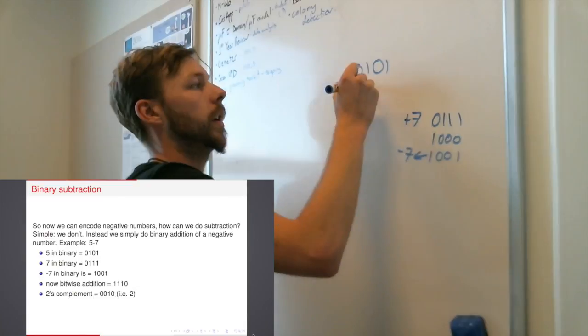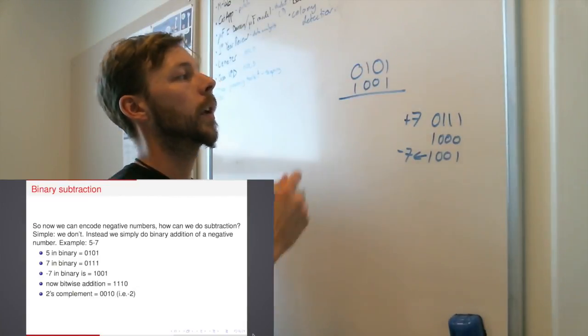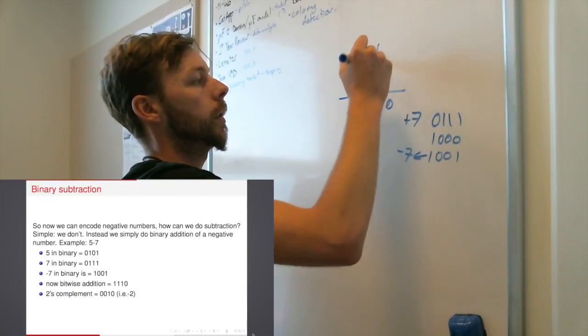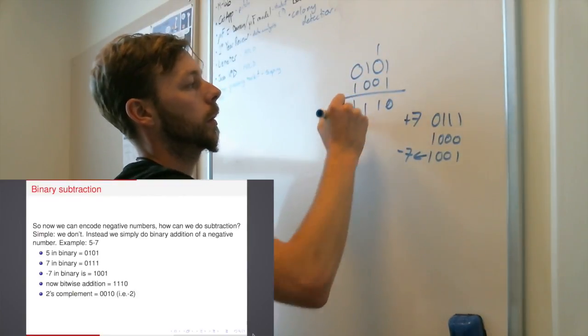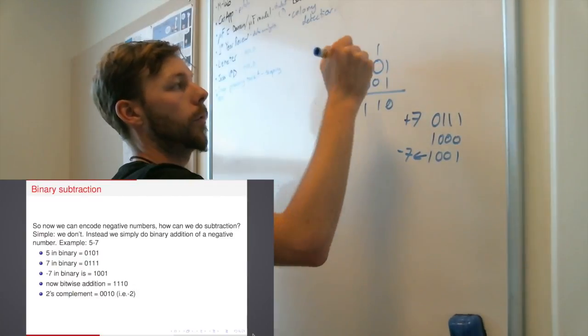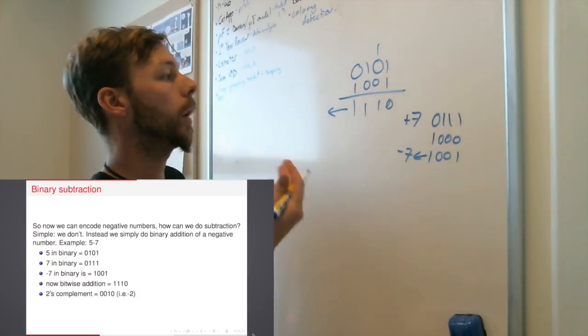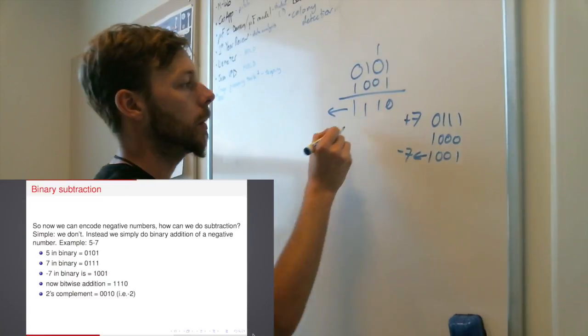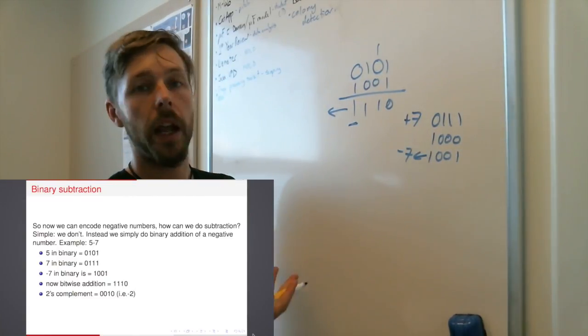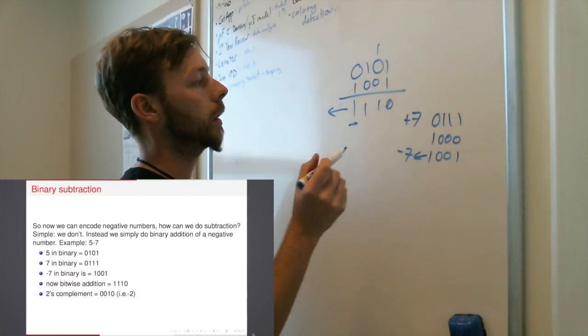So now I have 0, 1, 0, 1 plus 1, 0, 0, 1, and I do my bitwise addition as per usual, and get 1, 1, 1, 0, and that is the sum of those two numbers. So what is that in 2's complement? Well, it starts with a 1, so that means it's a negative number, and so I'm going to have to do my 2's complement to figure out what it is.